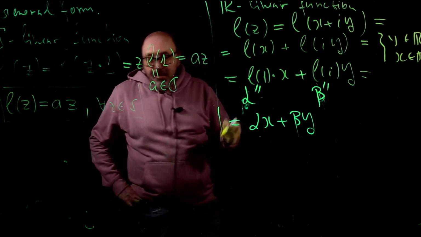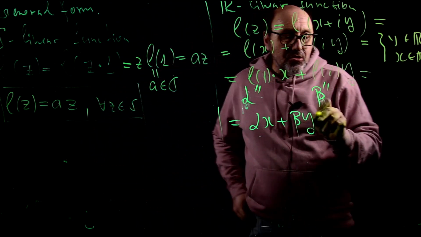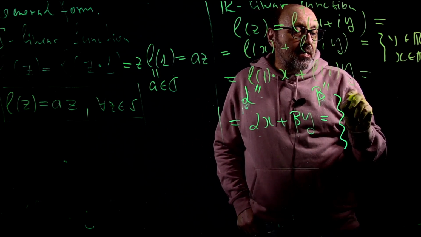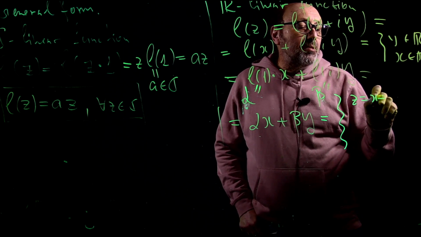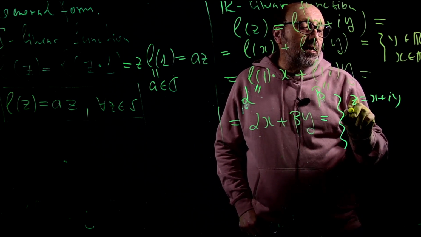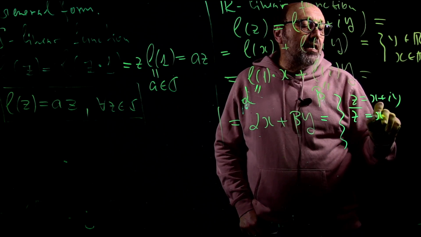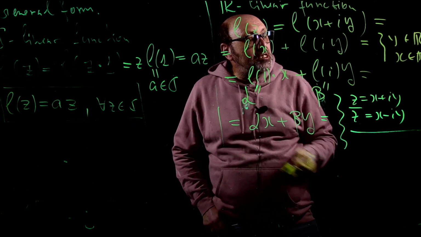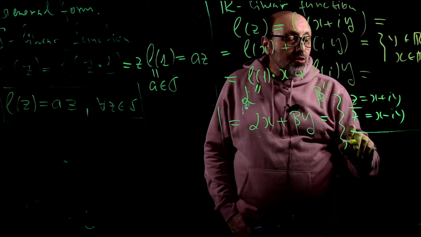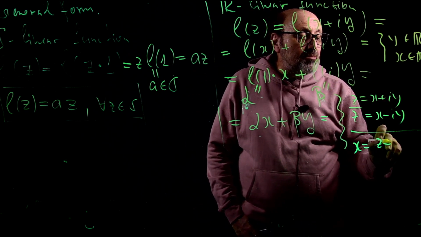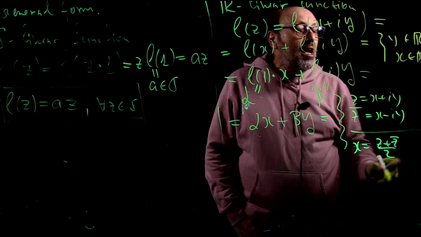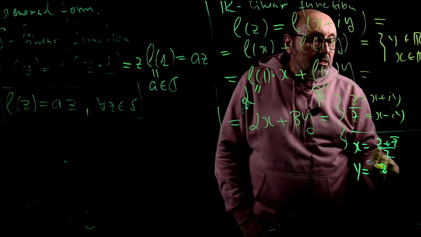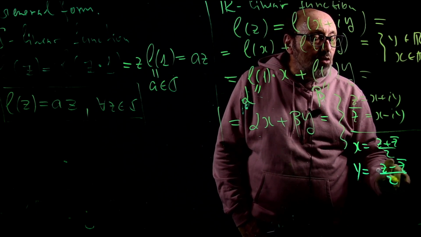Now let us go back to the complex notation. We can write z is equal to x plus iy, z bar is equal to x minus iy. If we take now the sum, we see that z plus z bar is equal to 2 times x. So x is equal to (z plus z bar) over 2, and if we consider the difference, we see that y is equal to (z minus z bar) over 2i.